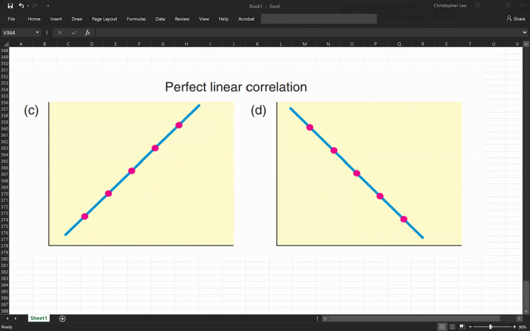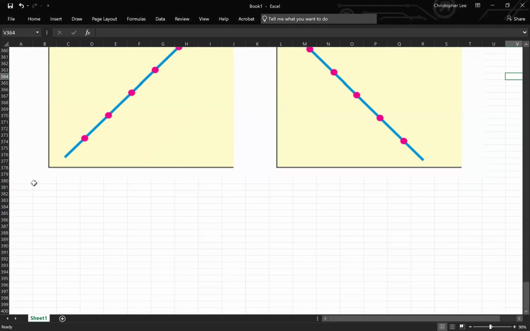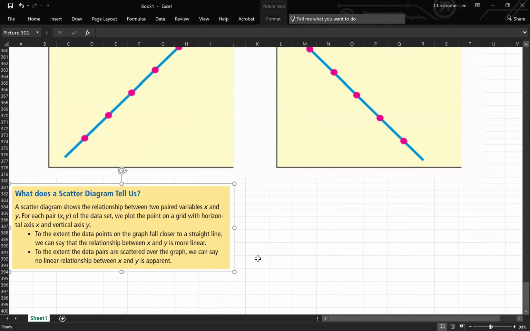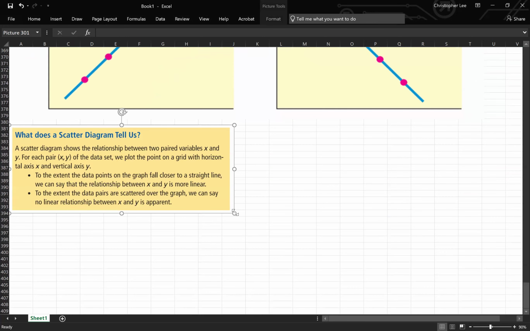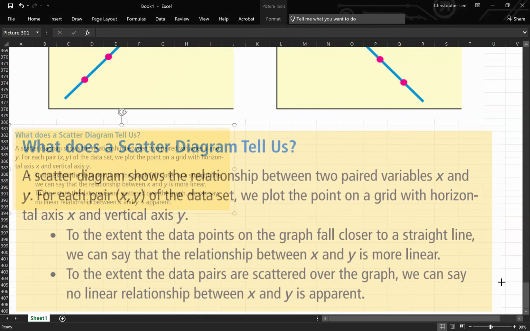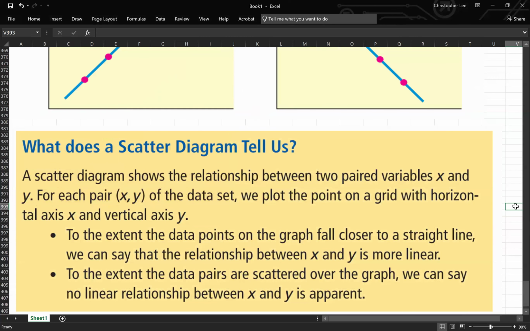All right, let's sum up the scatter plot real quick. And then we get to talk about R. People do this stuff all the time on TV. So what does a scatter diagram tell us, right?